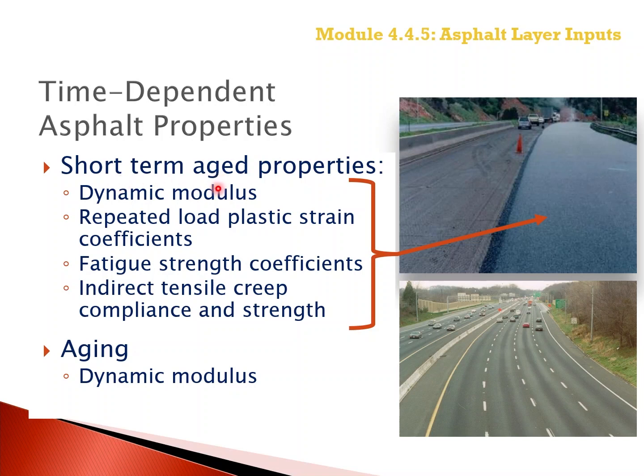This includes dynamic modulus, repeated load plastic strain coefficients, fatigue strength coefficients, and the indirect tensile creep compliance and strength. The only property that changes over time is dynamic modulus, and the change is based solely on the binder properties, temperatures, or the mean annual air temperatures, and air voids, the in-place air voids of the mixture.